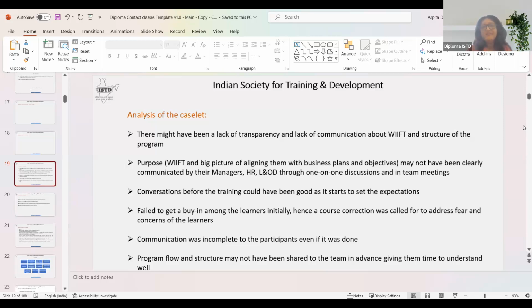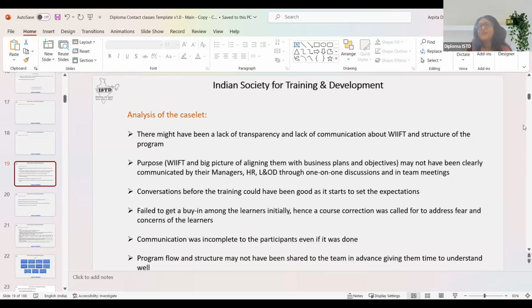They may not have done it, or they will be doing it just one night before the course start date. That's too late. People are not mentally prepared to consume that from their managers at that point of time. So a comfortable time wherein managers discuss with their team members that this is the program and this is what we are expecting.